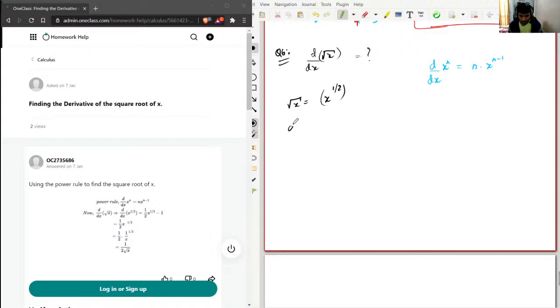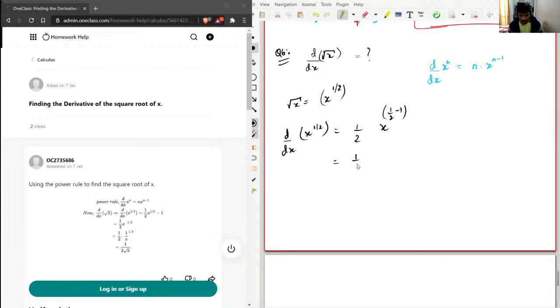So now I will take the differentiation of x power 1 by 2, and using this rule I can write: here my n is 1 by 2, so this will be 1 over 2, and this will be x power 1 over 2 minus 1 in the power.